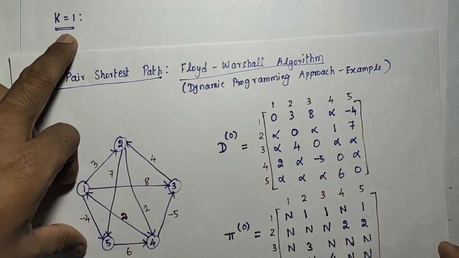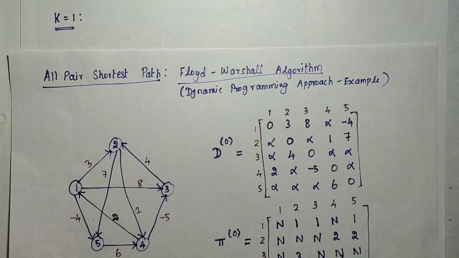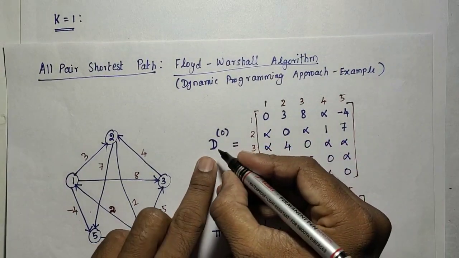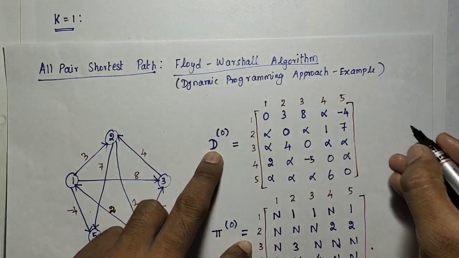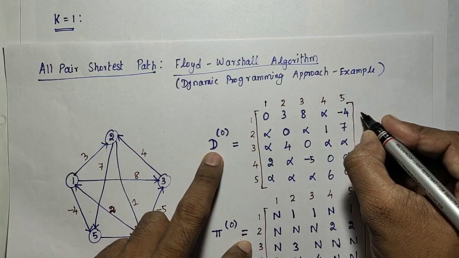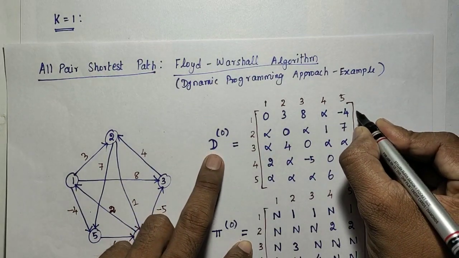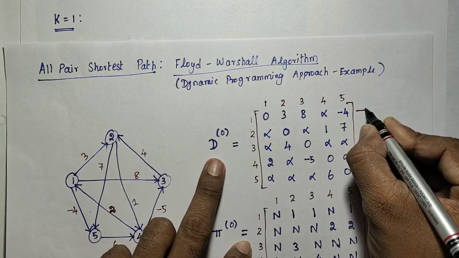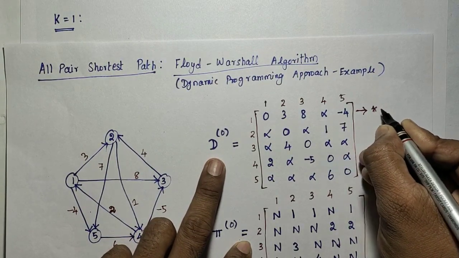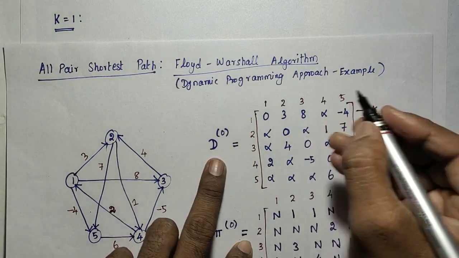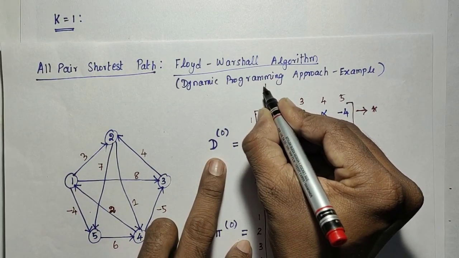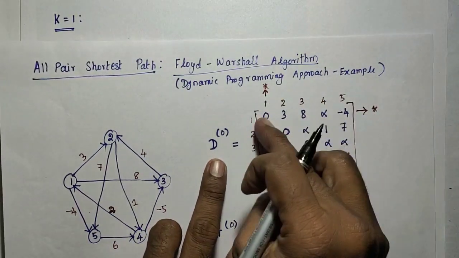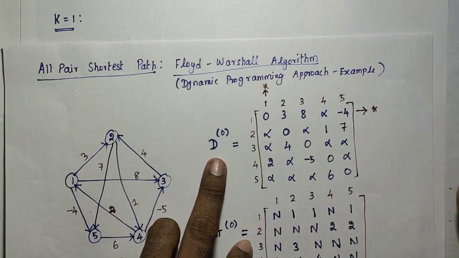So k equal to 1 means, in that zeroth matrix, that is d of 0, just consider this first row, that is the kth row and the kth column. So these two need to be considered, the kth row and the kth column.